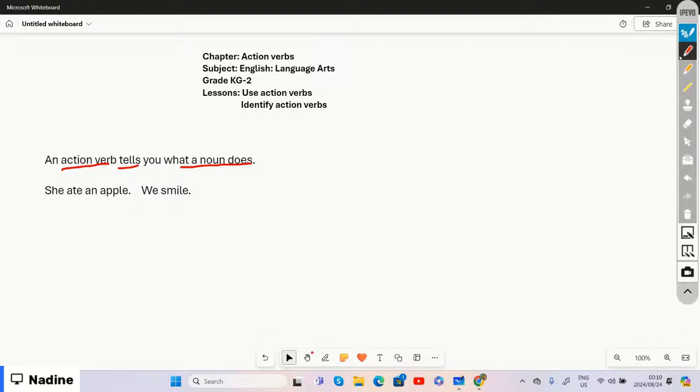And if we look at an example, we can say, she ate an apple. So she is our noun. Now the question is, what did she do? It says she ate an apple.